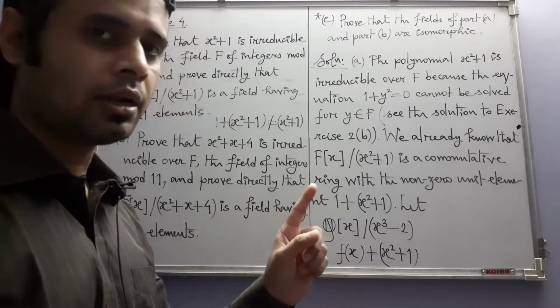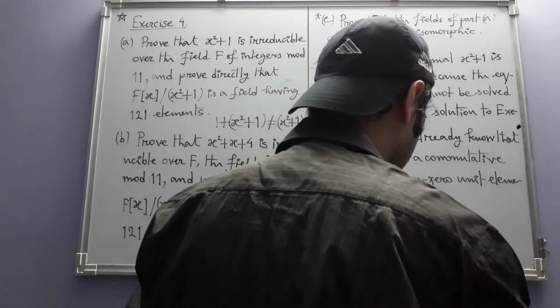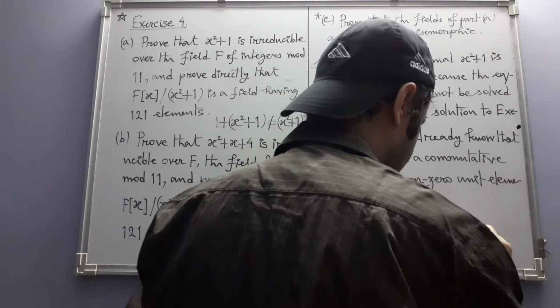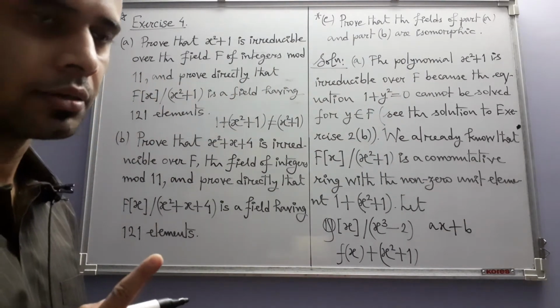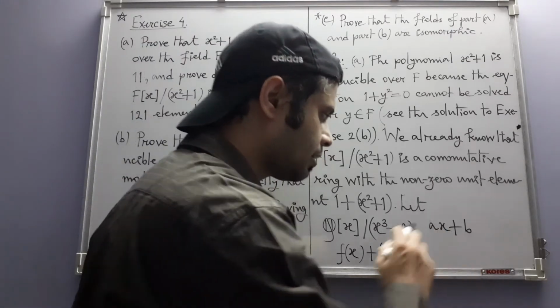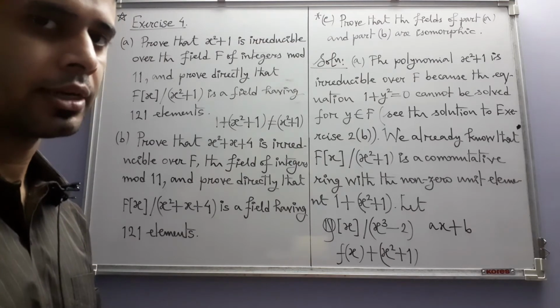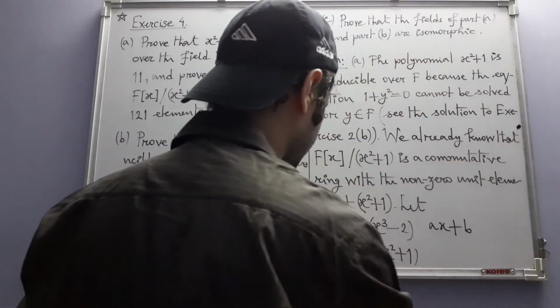The remainder will either be 0 or it will be a non-zero polynomial of this form, ax plus b, whose degree is at most 1. That is, it is either a constant polynomial or it's a linear polynomial that is of degree 1. So we are going to use that fact.